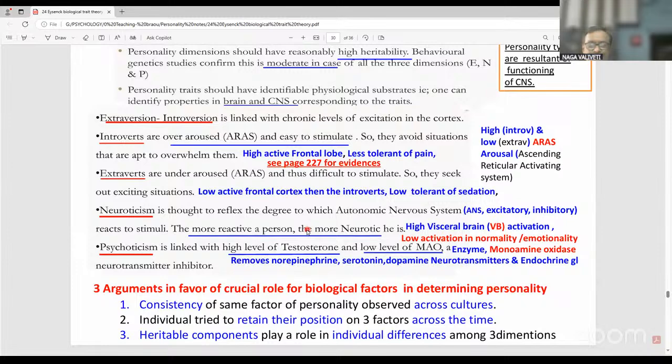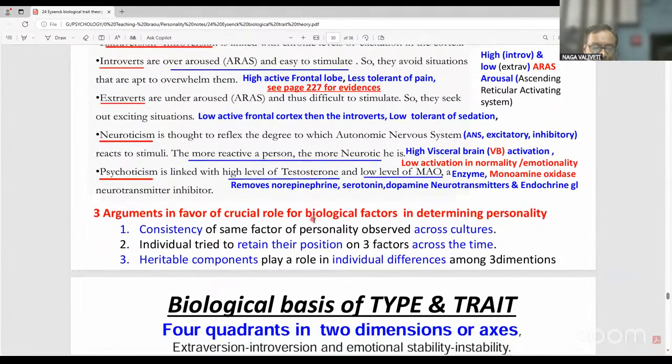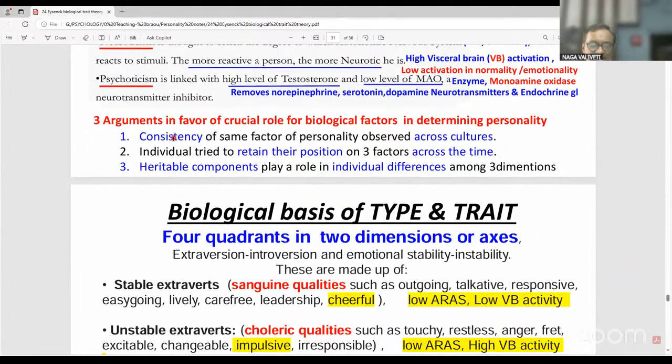So the same explanation I put in this. Ultimately it says there is consistency of the same personality factors observed across cultures. Number one, individuals try to retain their position on the three factors across time, irrespective of age, showing the same thing.